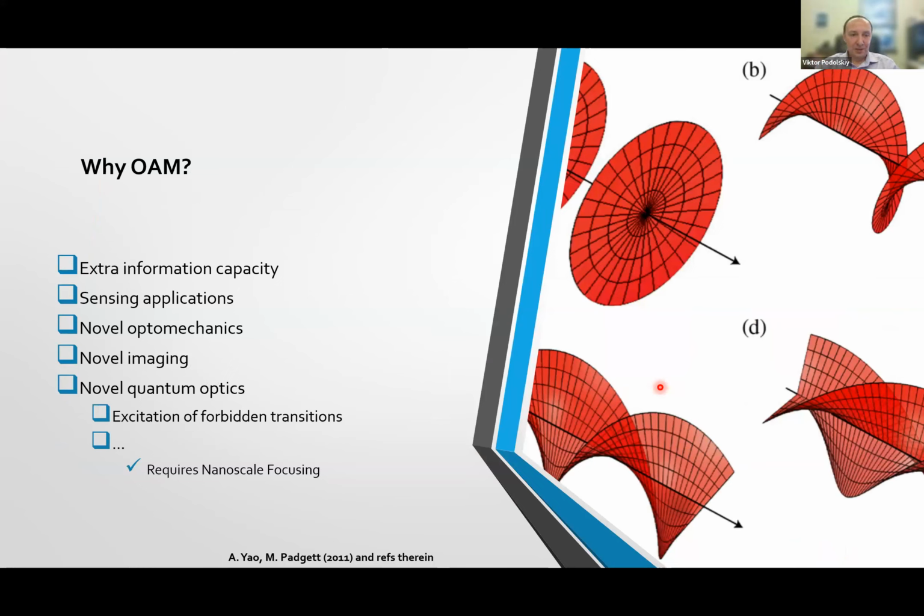Again, knowing the nature of the conference, I will not talk about applications in information capacity, sensing, optomechanics, and imaging too much. I just want to point out that one of the exciting applications of structured beams is their interaction with quantum or quantum-like particles, where having a non-zero transfer of angular momentum can enable emission into forbidden transitions.